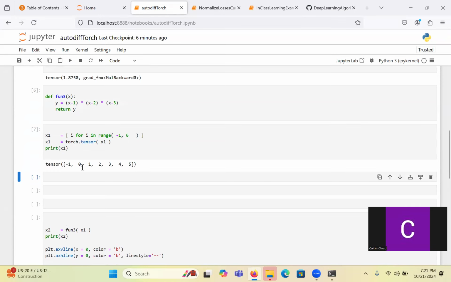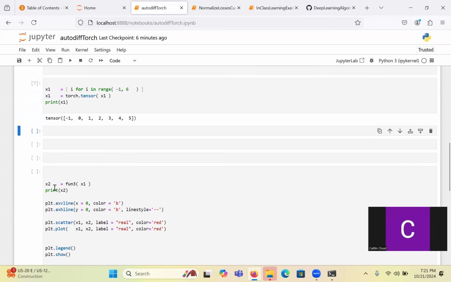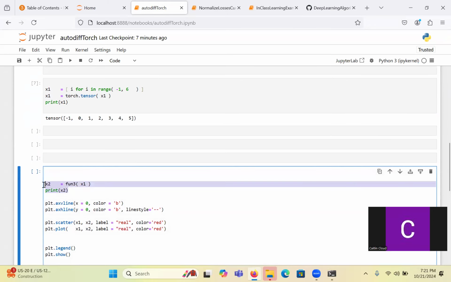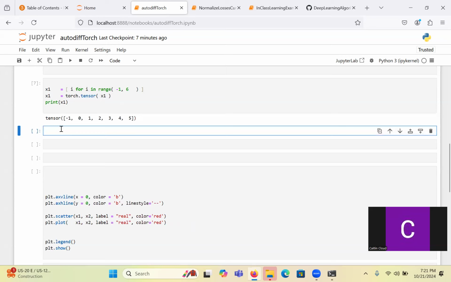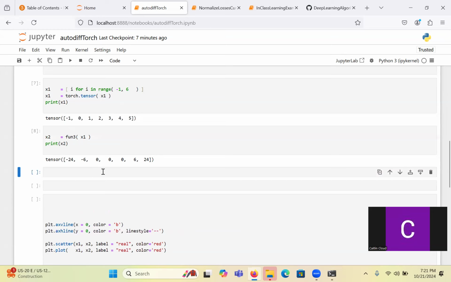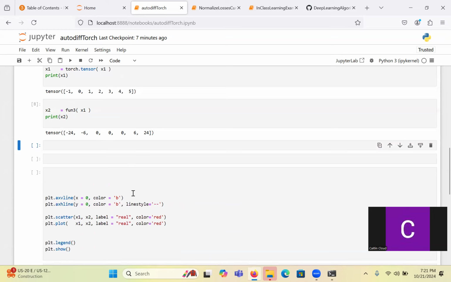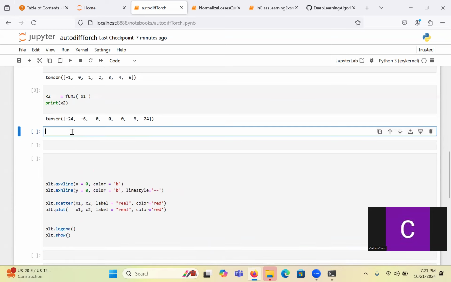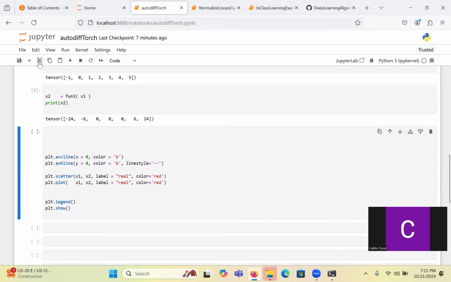My values, -1, 0, 1, 2, 3, 4, 5. So that's the x-axis. And then I run it through the function. So now I'll be able to see for this x1, those are the resulting values. So now I can go ahead and just plot it.